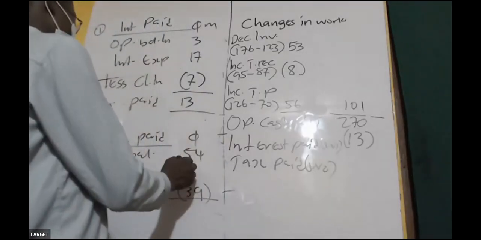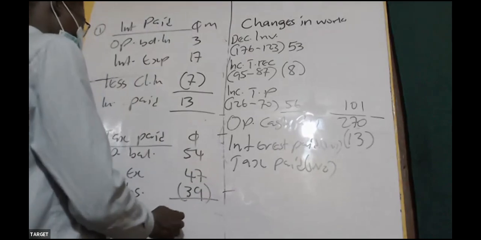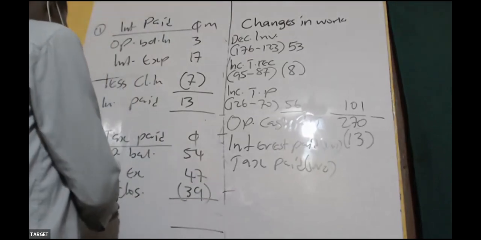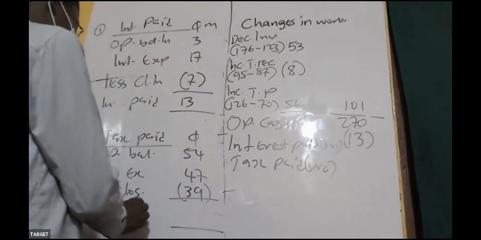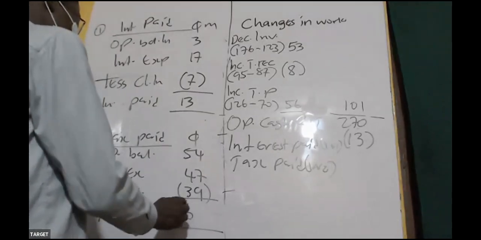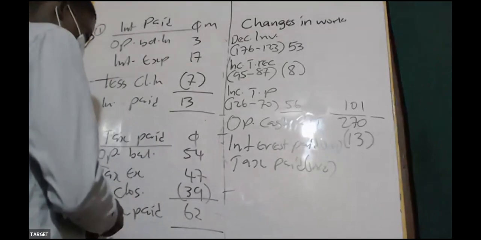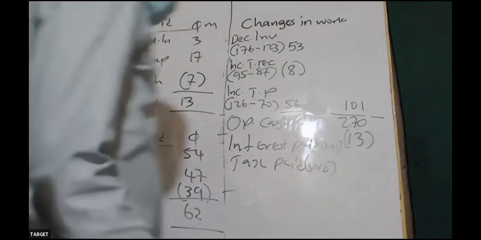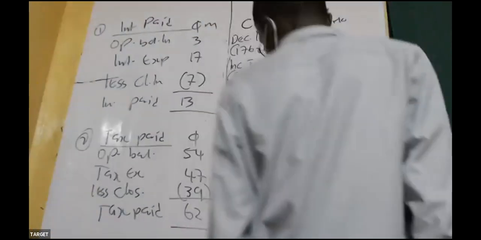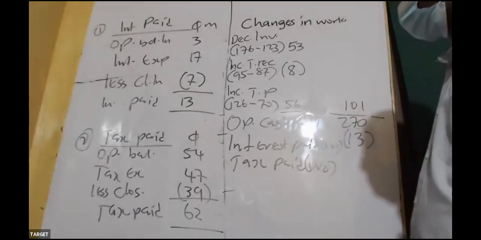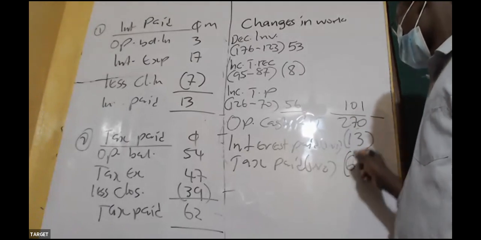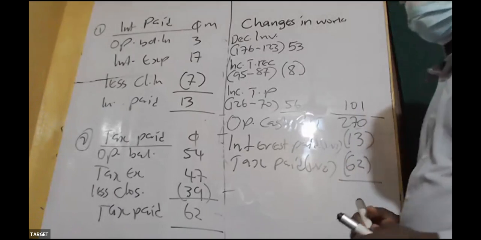Income tax expense is 47. When I do this computation, whatever I get is for 62 tax. 62, right? Yes. Okay, so this is 62. At the end of the day, all I have to do is push them in: 62, less 62, put them in brackets.